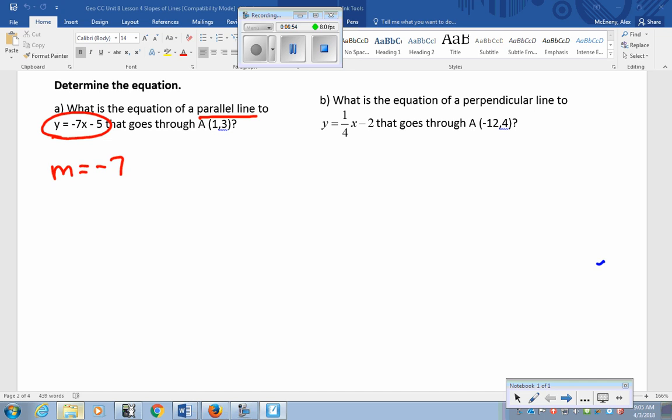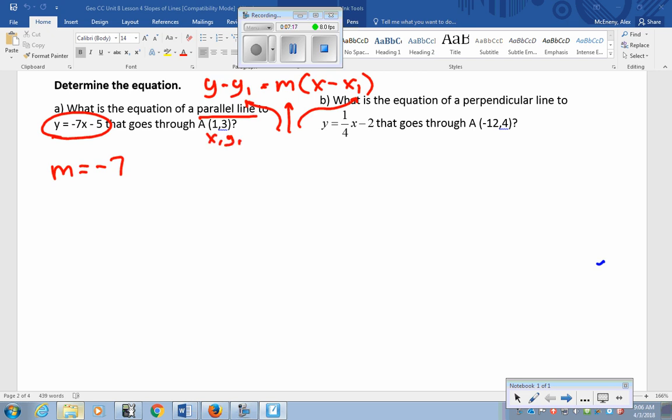So we're going to use what's called the point slope form, which is this equation. And we're going to be filling in numbers for y1, m, and x1. So our slope will go in for m, and then for x1 and y1, we'll have 1 and 3.